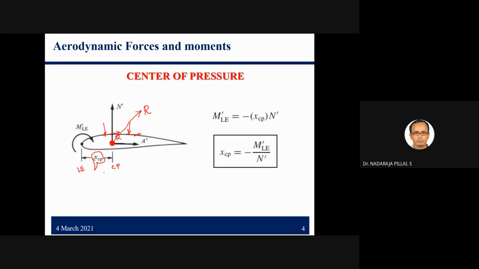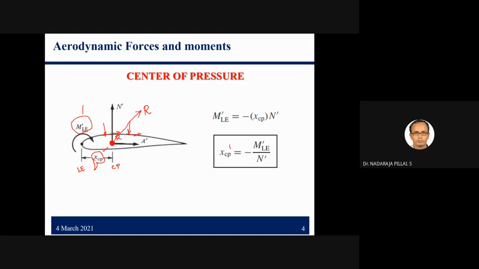Okay. And XCP is the distance from the leading edge to the point where the center of pressure is located, right? And MLE is the moment about the leading edge. So if I want to calculate the moment about the leading edge, I can write it this way: MLE equals minus XCP into N dash, the force into the distance, right?